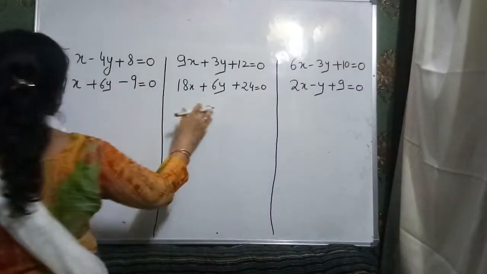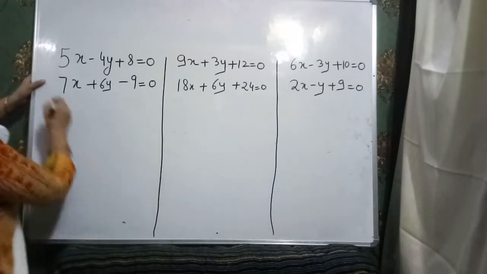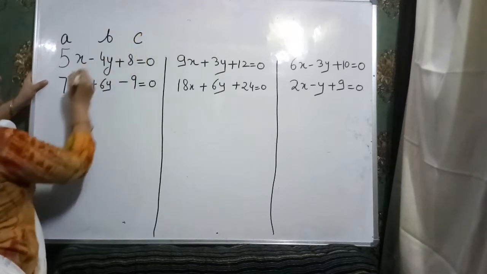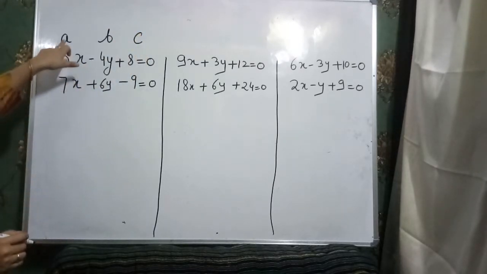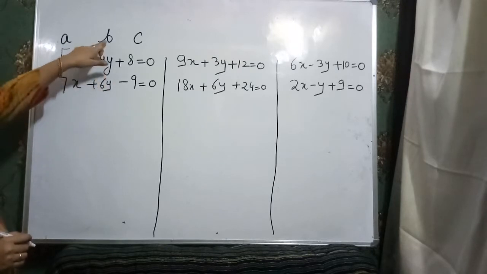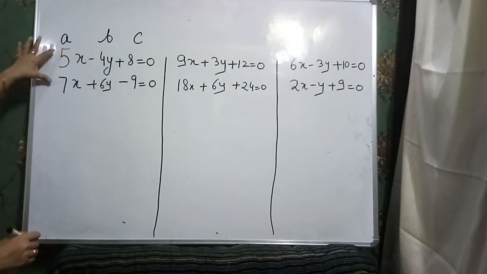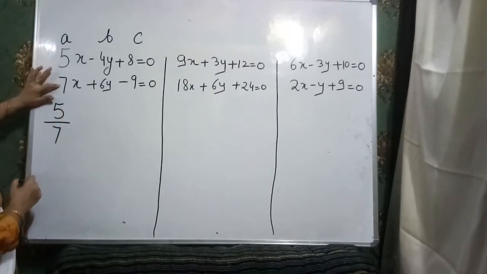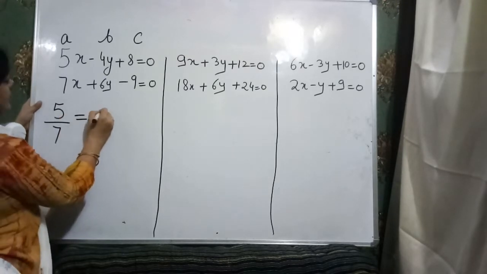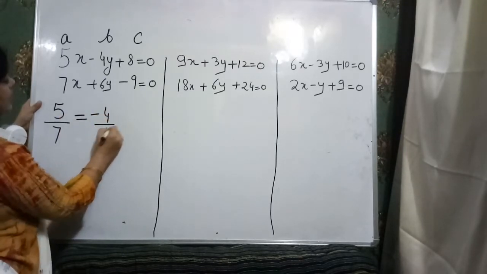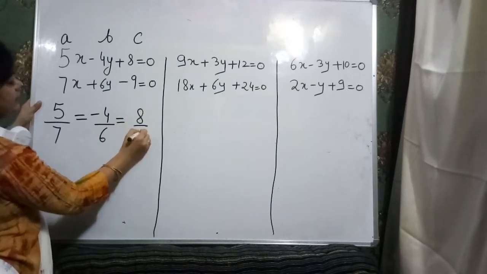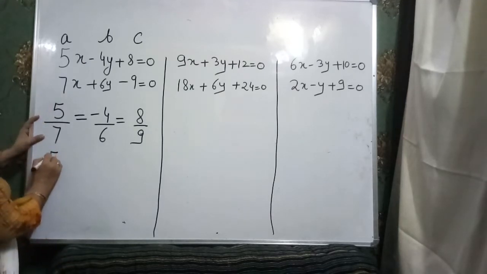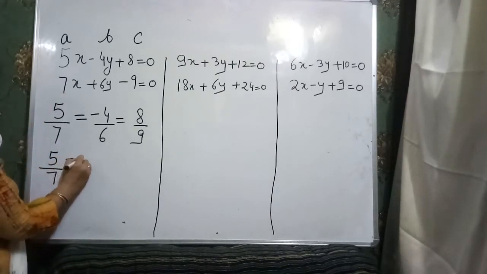Now I tell you this is A, this is B and this is C. That means variable X has coefficient A, variable Y has B, and the constant is C. Now here we have the ratio 5/7, that means A1 over A2, and here I have -4/6 and here 8/9. These are in the simplest form.